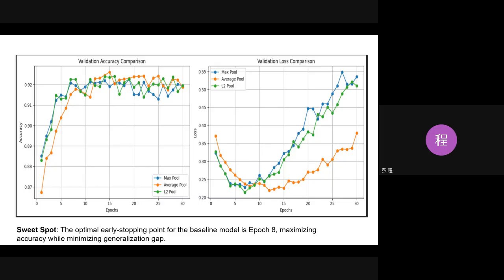For max pooling, the trend is quite similar to L2 pooling, but for average pooling the loss decreased to its minimum at about 12 epochs. But for max pooling and L2 pooling, the minimum loss appears at about 8 epochs. So we can find that the optimal early stopping point for the baseline model is 8 epochs, which maximizes the accuracy while minimizing the loss.